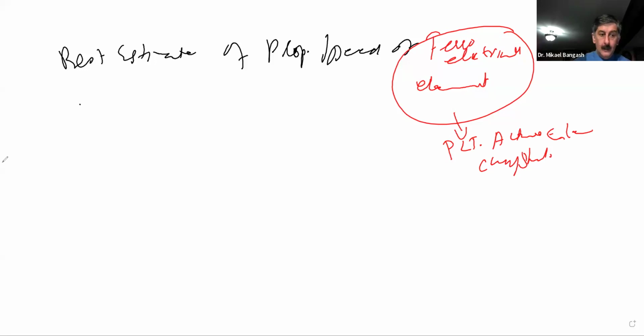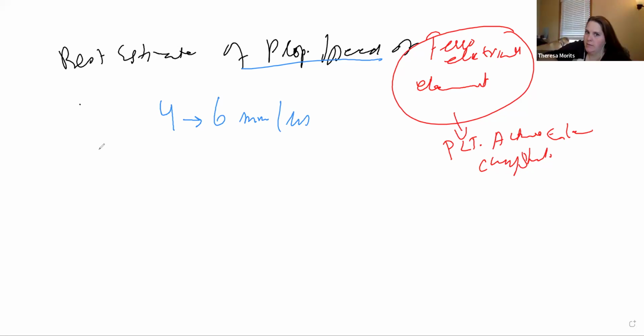And what we said yesterday is that the speed of sound through the active elements is anything between 4 to 6 millimeters per microsecond. Did that make sense? Yes.